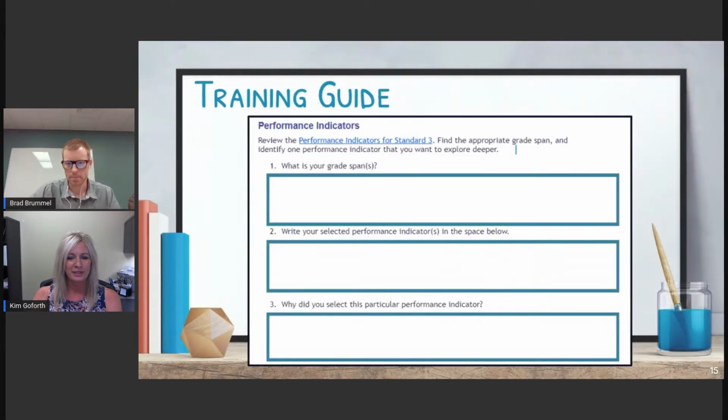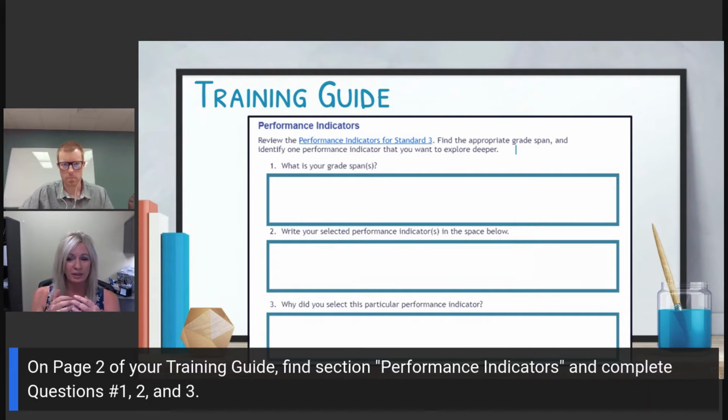Perfect. So as the viewer thinks about your district or your space, like Brad did, look at some of your grade span verbs. We challenge you right now to make it personal. Go into your grade span, look at some of those verbs, and then partner that with what you're experiencing in your district. Maybe think of an area where you could really use this standard to push into your students, get them these skills, and maybe this could start your thinking about some cross-curricular things.